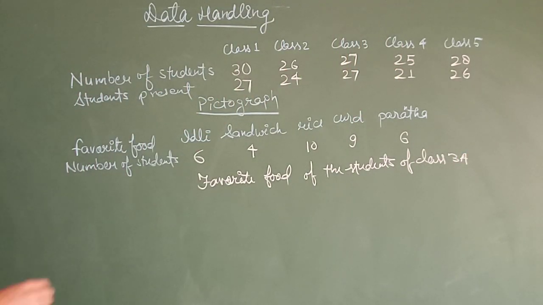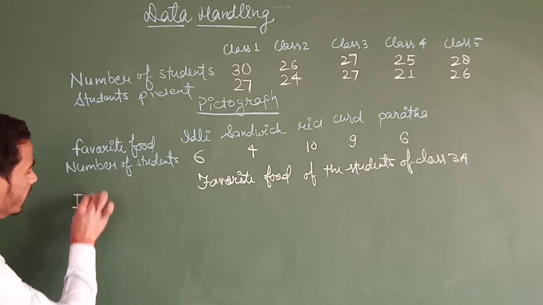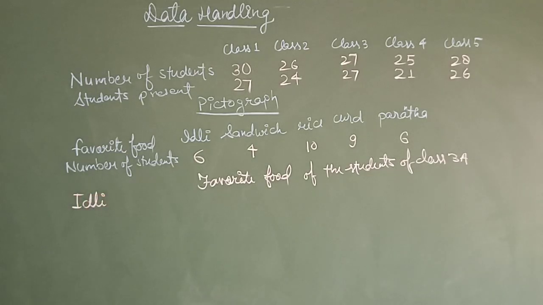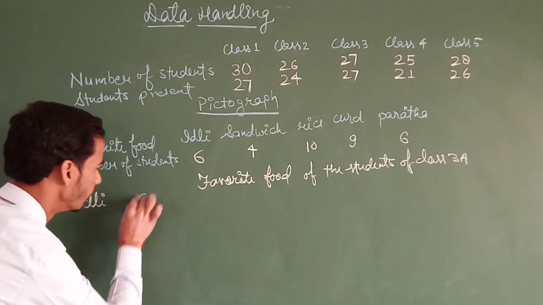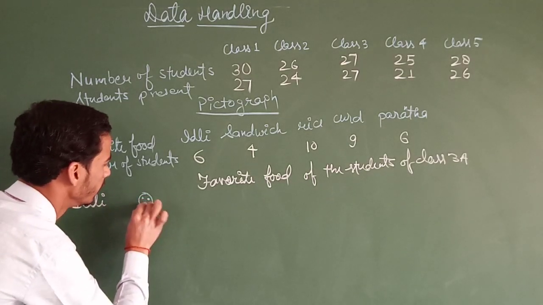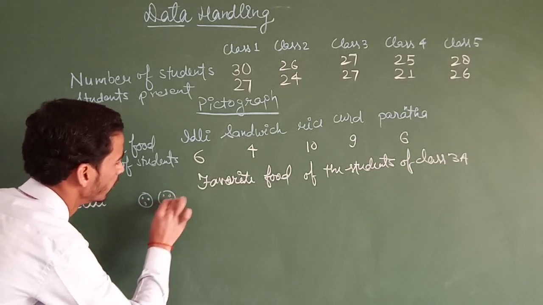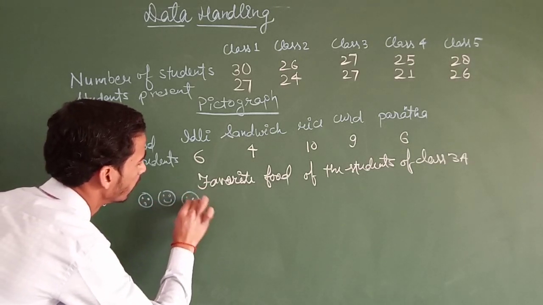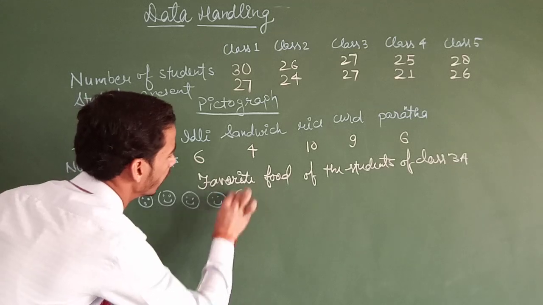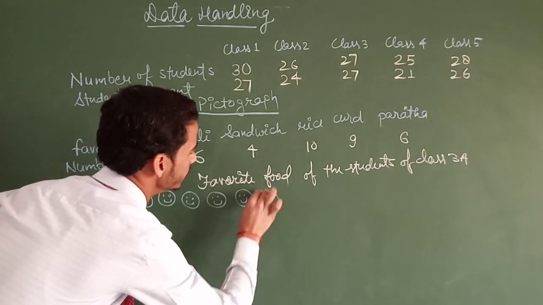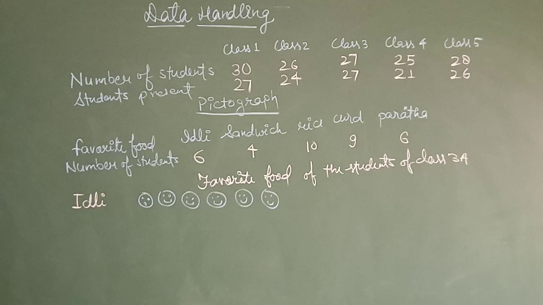For idli there are 6 students, so we have to make 1 2 3 4 5 6.